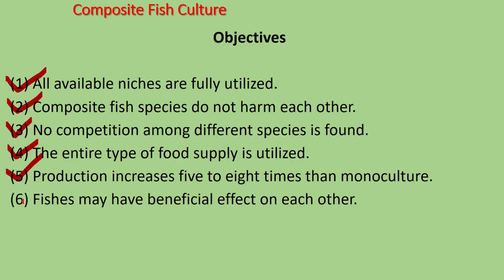Number 5, production increases 5 to 8 times compared to monoculture, because in monoculture only one species of fish is grown. So here the production increases up to 5 to 8 times. And sixth, fishes may have a beneficial effect on each other.